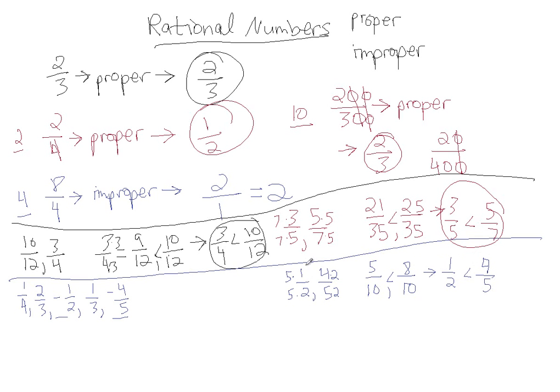But we're not done yet. These are negatives, so let's put in our negatives. Now we saw when we were ordering integers that the greater the number is, the lesser the value is when it's negative. So if a positive 1/2 is less than a positive 4/5, we can say that a negative 4/5 is less than a minus 1/2.